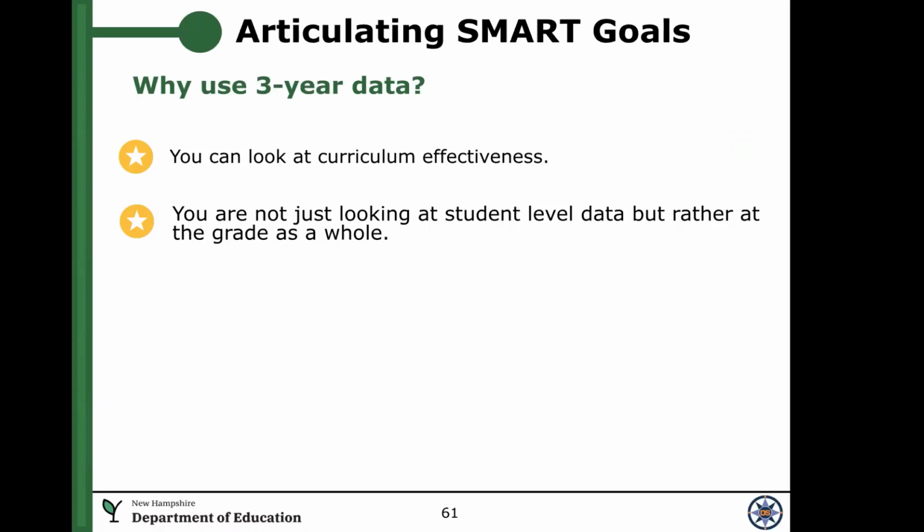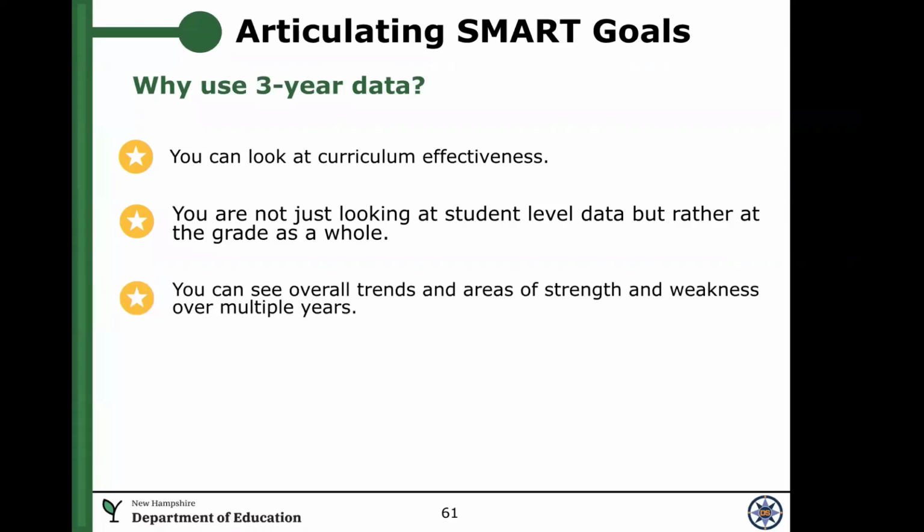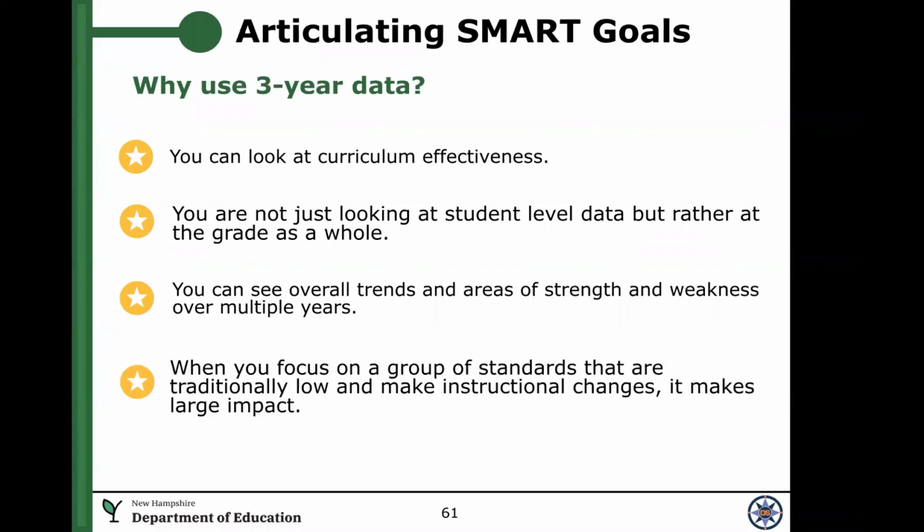And so you're seeing 5th grade for roughly 3 years straight, how they're producing and what you might be seeing as overall trends for strengths and weaknesses over multiple years. And then you can focus on a group of standards that might be traditionally low and make instructional changes to make a large impact.